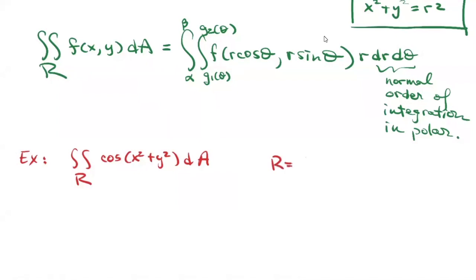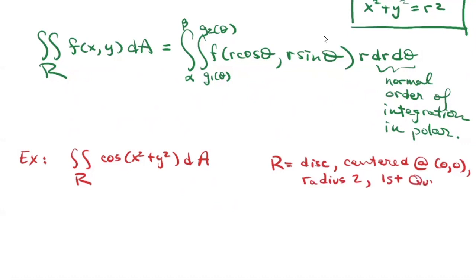R is a disk centered at the origin with radius 2. First quadrant. Okay, so disk is easy.